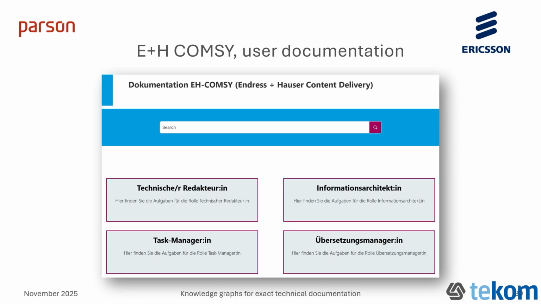It's an Anderson Hauser specific implementation, but it becomes a product. So they invested quite heavily in their user documentation, which is nice. This is also generated in Oxygen from the system, and this is Oxygen Web Help, and you have different entries into the documentation based on your role as a technical writer, information architect, and so on.